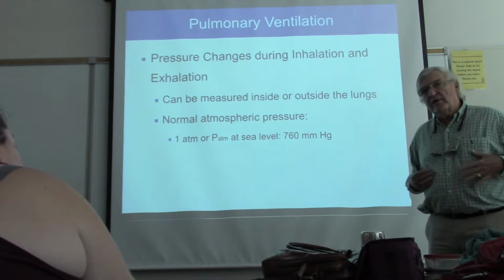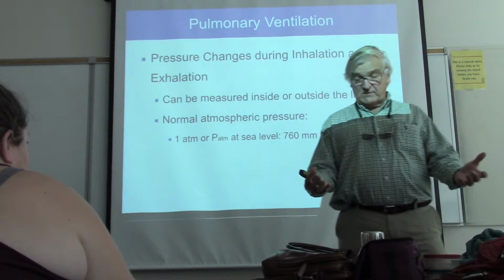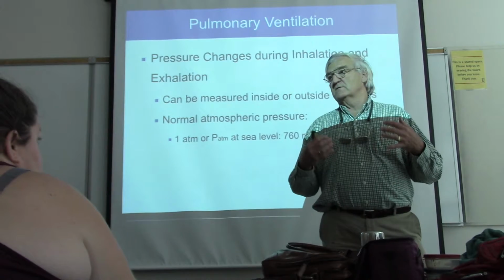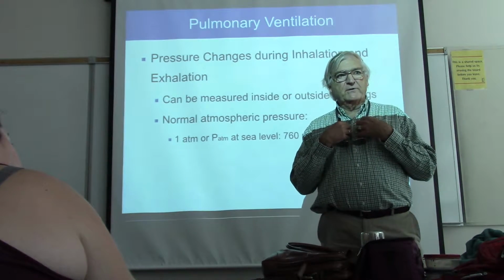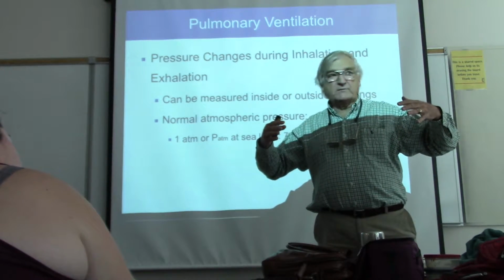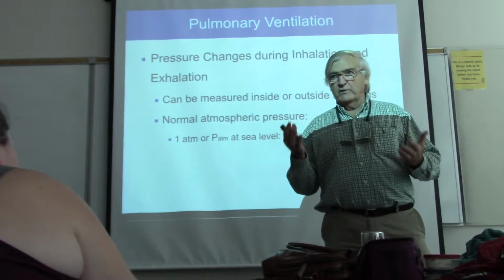And how do we create that negative suction? Basically, the way we breathe is we suck air in. The way we suck air in is that we lower the pressure in our chest. Well, how do we lower the pressure in our chest? We do that by increasing the volume in our chest. You remember? Volume and pressure are inversely related. Boyle's law.